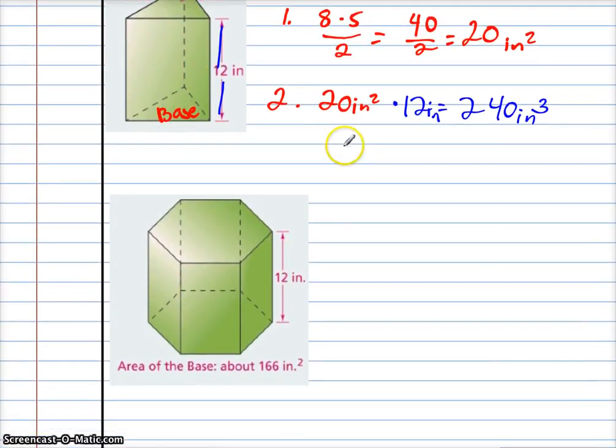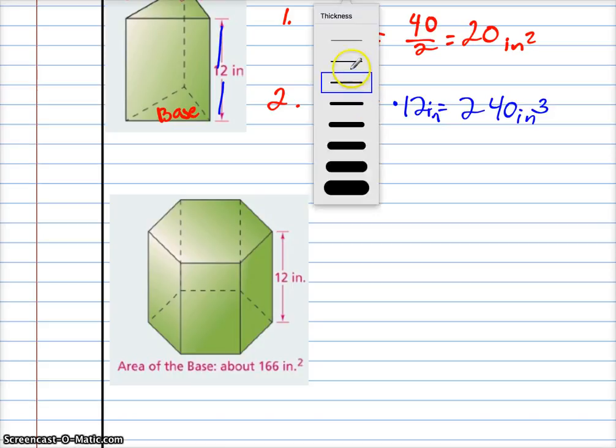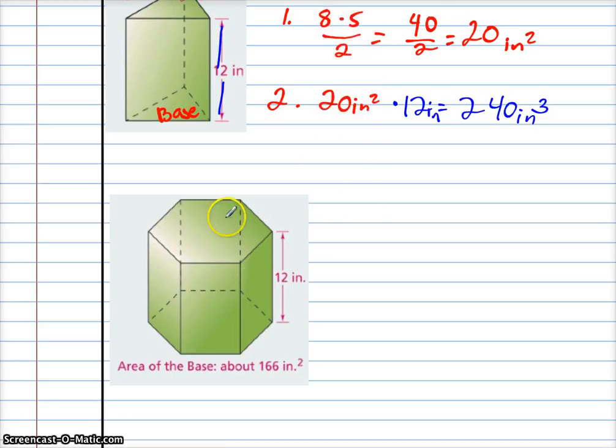Now, we didn't learn how to find the area of a hexagon. And that's not part of what we're learning. We're just learning how to find the volume of this prism. So we need to find the volume of this hexagonal prism. So I need to find the area of the base.